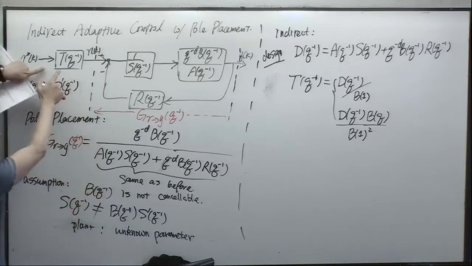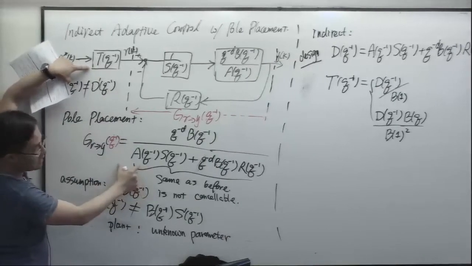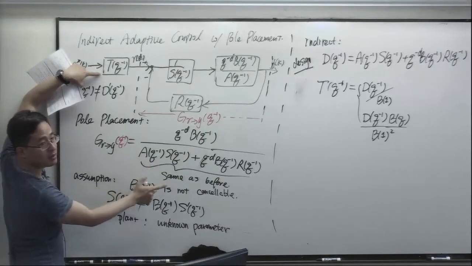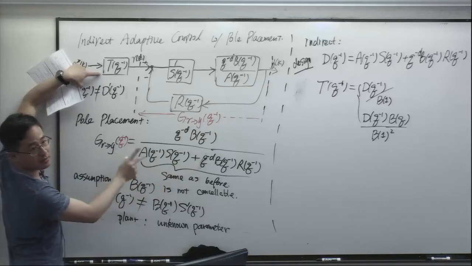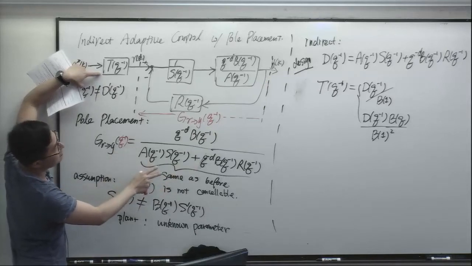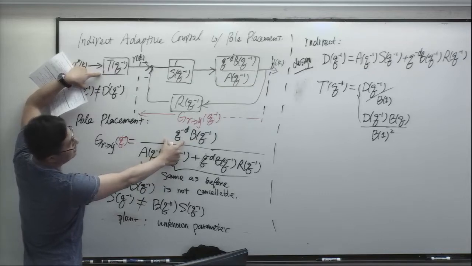So the point is, I'm going to design this feed-forward controller to cancel the entire denominator. This is possible because all the roots here are stable, so I can do stable pole zero cancellation. And then I'm left with something remaining over here, right?